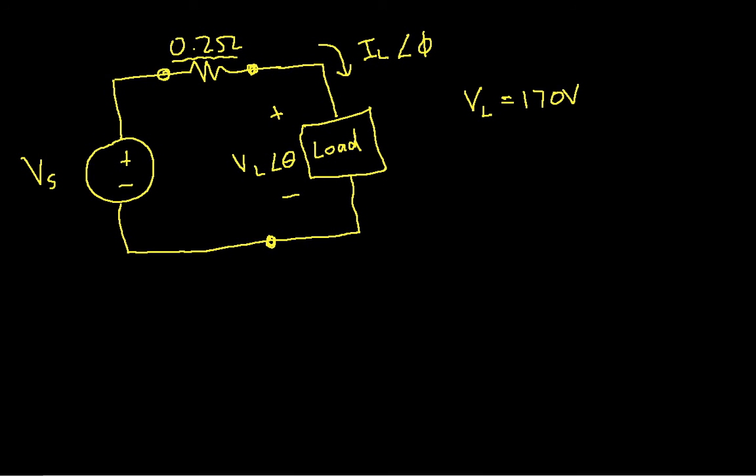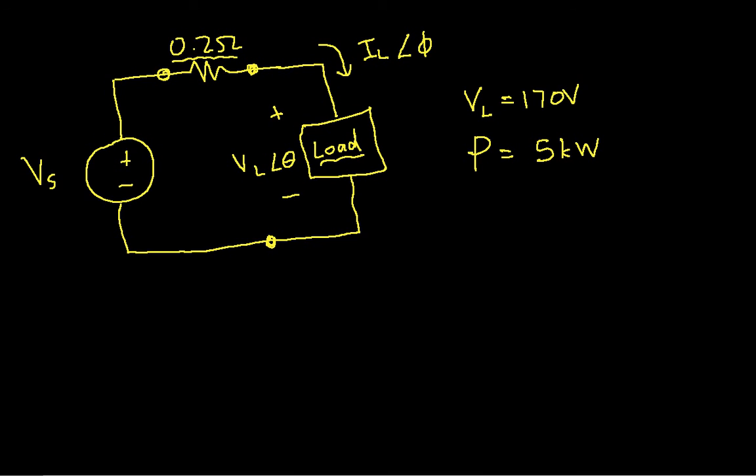We're also going to be told that the actual average power of our load we want to be 5 kilowatts. So the power company needs to deliver 5 kilowatts on average to my load here.